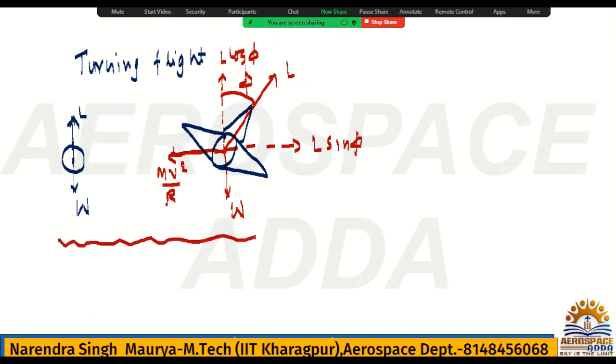If you check, this is the front view for the aircraft. How will top view look like? So top view will be like this only.